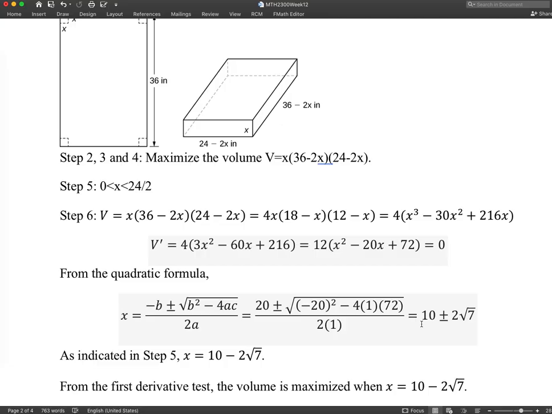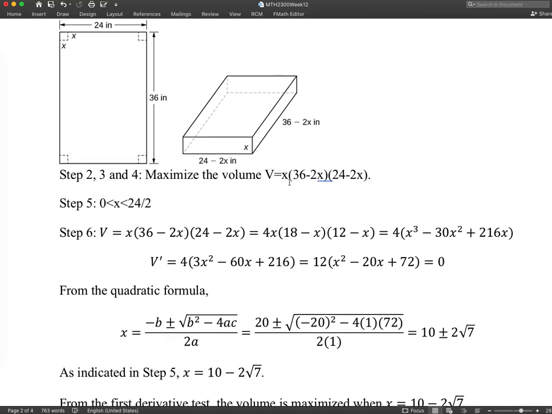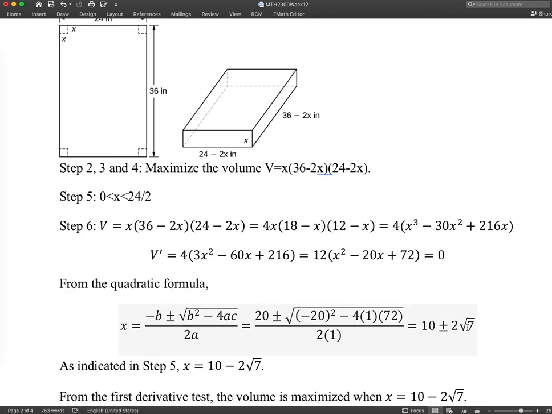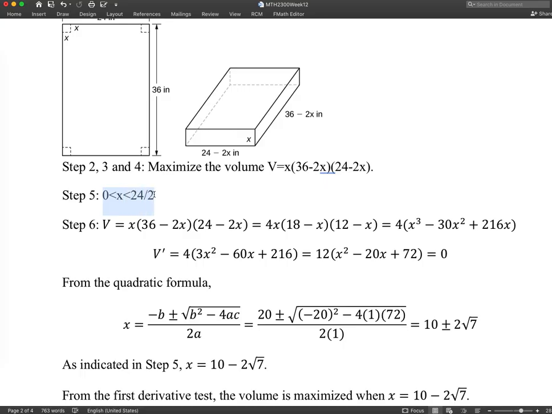As I'm saying, you don't want to jump to the conclusion. You tell people to get the maximum volume of the box, you cut a square of 10 plus 2 times square root of 7, or 10 minus 2 times square root of 7. Maybe there are 2 answers, and indeed it's not correct. Remember, in step 5, we mentioned to fit the actual situation without doing the actual calculation.